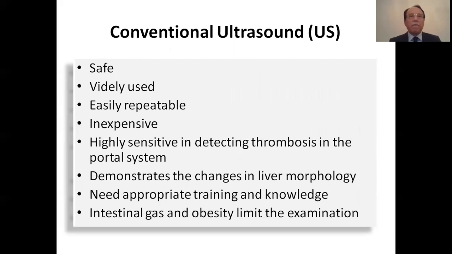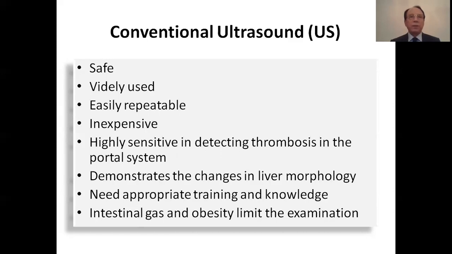Ultrasound is the first-line imaging examination to be performed for the diagnosis of portal hypertension. Ultrasound is safe, repeatable, inexpensive, and highly sensitive in detecting thrombosis in the portal vein and hepatic vein.